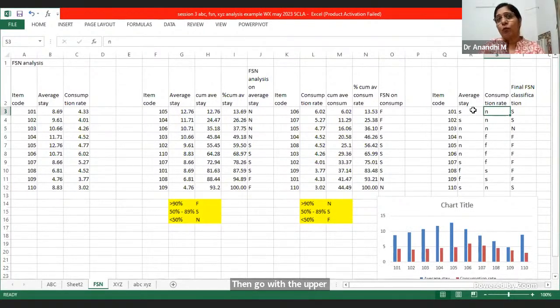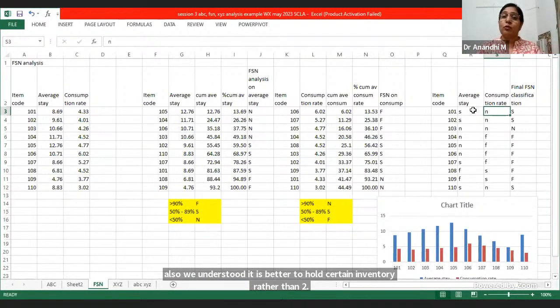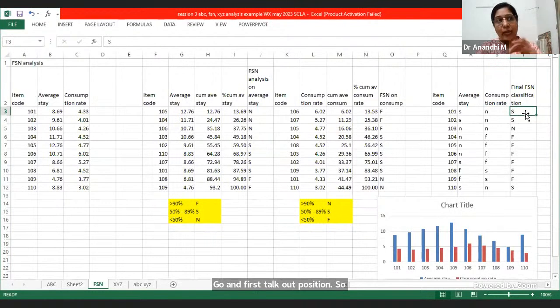Consider that as a slow-moving item, because from the simulation workout we understood it is better to hold certain inventory rather than go into a stock-out position. So considering that logic, we are categorizing that item under slow-moving and not non-moving.